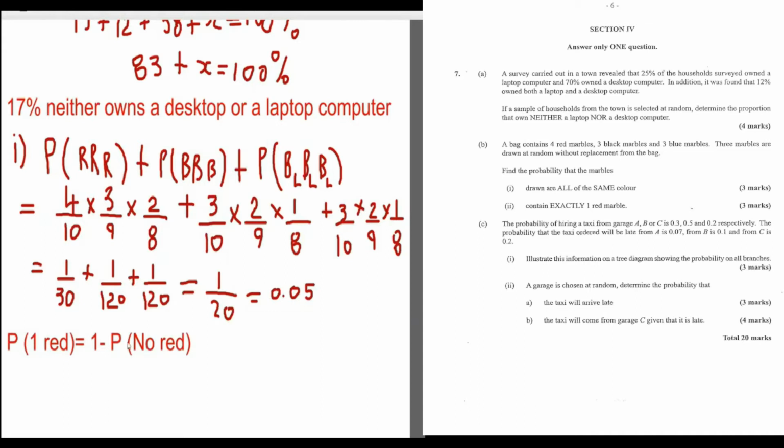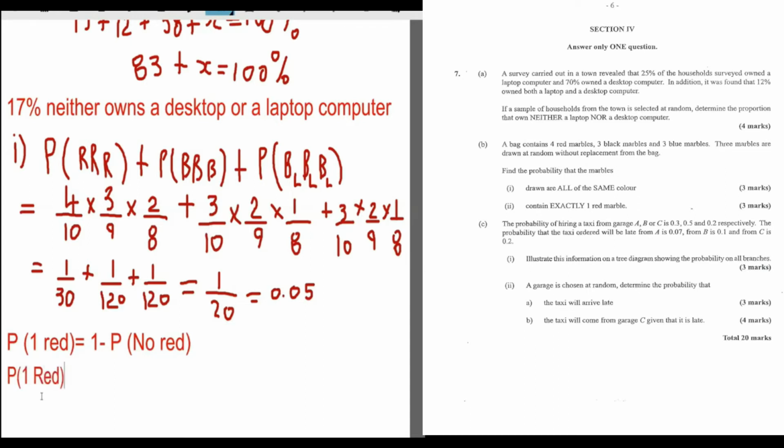So let's find the probability of no red first. I'm just showing you one way. Another way you can do it is the probability of one red, just showing you both methods.